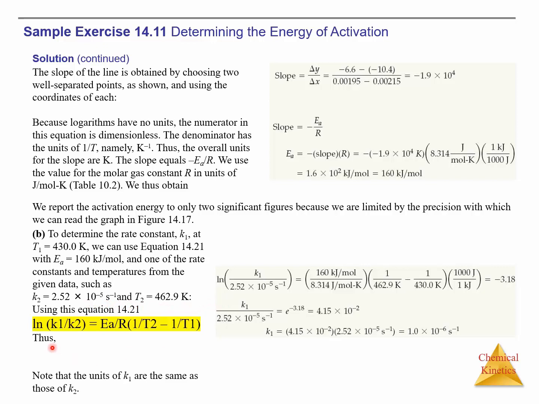So we apply it here: ln of k1 divided by k2 equals the activation energy we determined, divided by R, the constant, times 1 over T2 minus 1 over T1. We must convert the kilojoule into joule, and we get this value for k1. Then k1 equals 1 times 10 to the minus 6 per second. Note that the units of k1 are the same as those of k2.